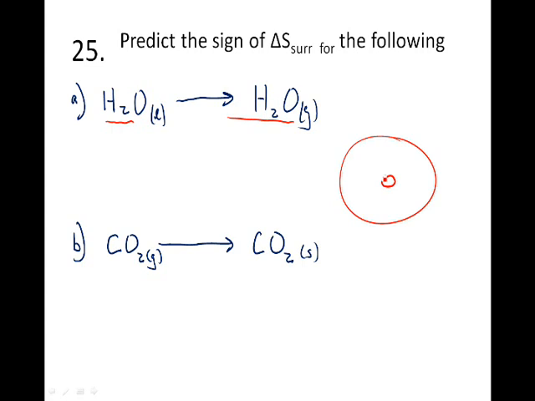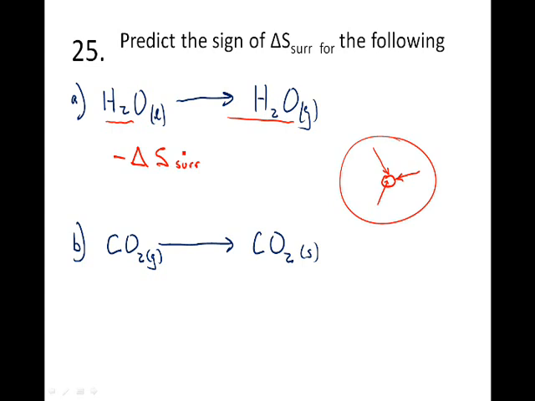Now, if the system is going to take liquid and turn it into a gas, that's going to require an input of energy. Now, where does that energy come from? Well, that energy comes from the surrounding. And so this is going to cause a negative change in entropy of the surrounding.